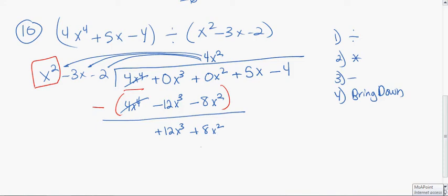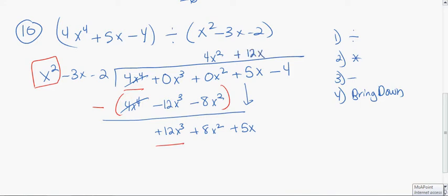There's my subtracting, and now I'm going to bring down that plus 5x. All right, repeat that process. Divide the first term into the first term. X squared goes into 12x cubed 12x times. So that's a linear term, just 12x, goes over the 5x.